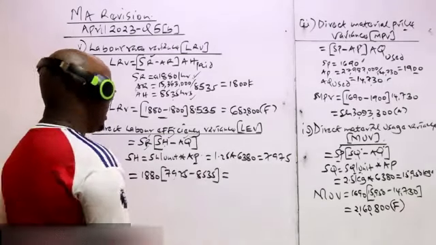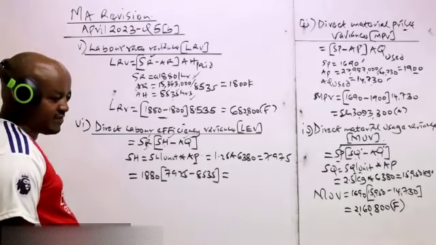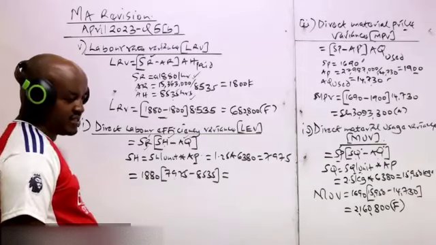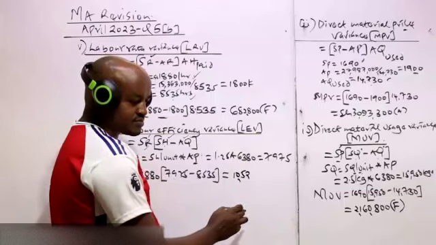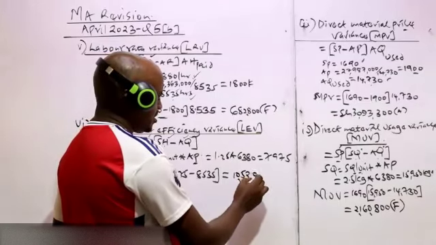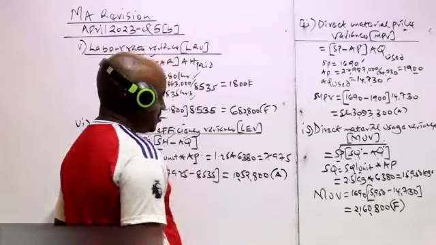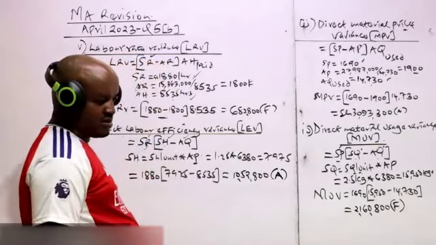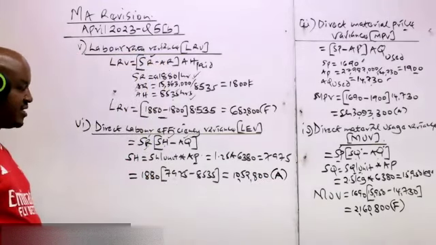First of all, get the difference, which is basically a negative, and then we multiply that with the standard rate, which will give us 1,052,800. Is it adverse or favorable? Yes, that is adverse.